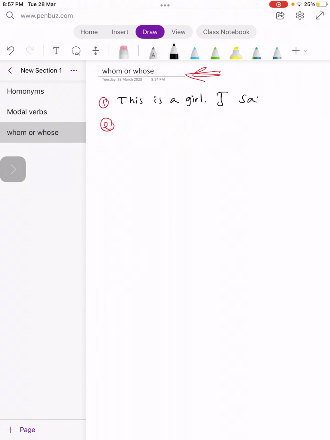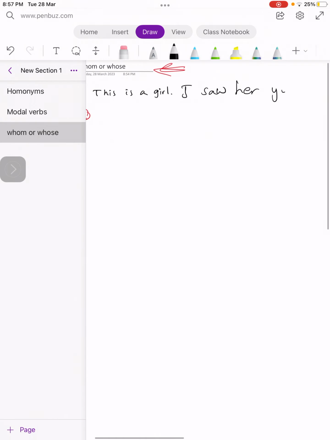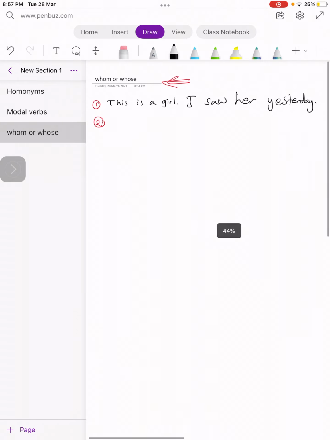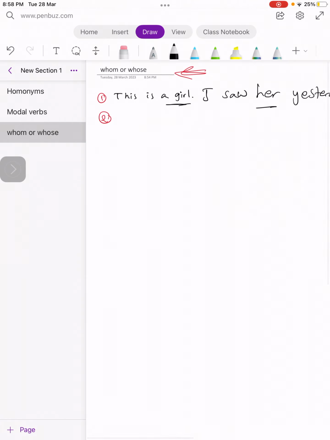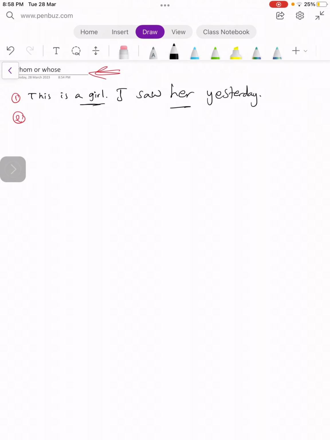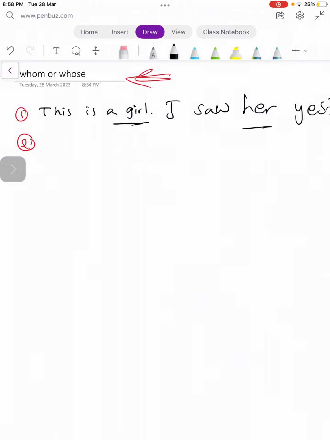I saw her, let's say yesterday. So instead of having a girl or even the girl and her in two sentences, I can make these two sentences one sentence using the word, which one I'm going to use.